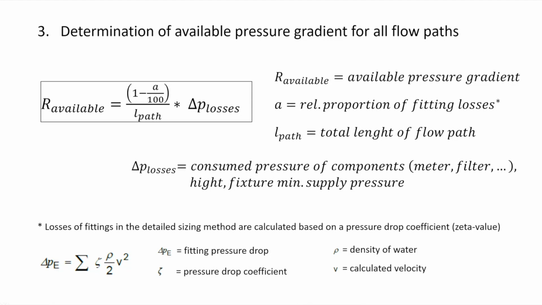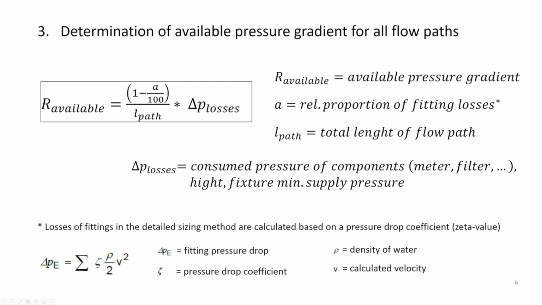We have to take into account the real figures of every fitting, and that's done with the losses of fittings in the detailed sizing method, and they are calculated based on a pressure drop gradient called zeta value. So that's the equation below, and that's why it is recommended that every design is done with software rather than manually, because it's an iteration.